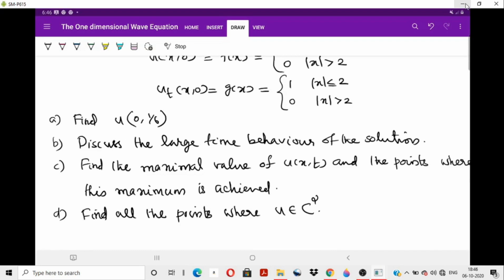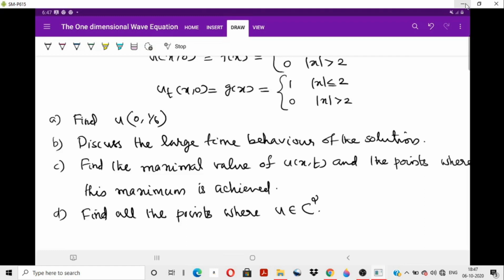By D'Alembert's solution, we will have u(x,t), and we have to check the large time behavior. Large time behavior means for a fixed value of x, we have to find the value of u as t tends to infinity, or the limiting value of u as t tends to infinity. That is the large time behavior of the solution.